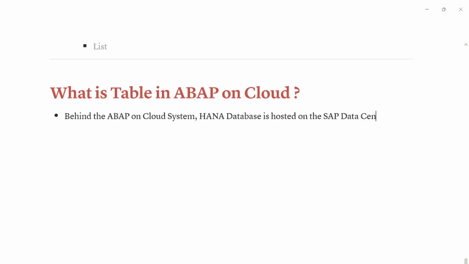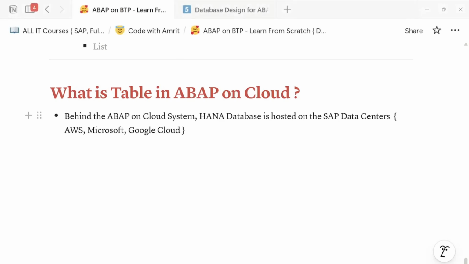Though these data centers do not belong to SAP itself, they are taking it from Amazon AWS, Microsoft Azure. They have done the partnership with them and also with Google Cloud. So the HANA database is hosted on them.